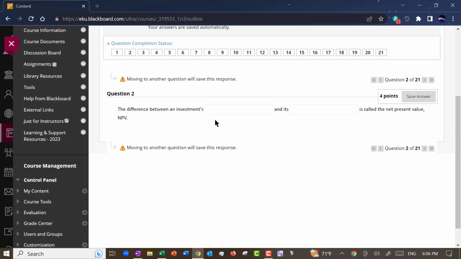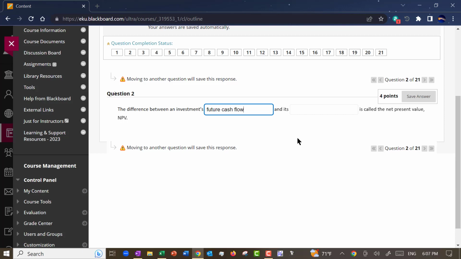Basically, think about the definition of net present value. Okay, what's that part? Yeah, okay. How about the second part? The second part should be easier.